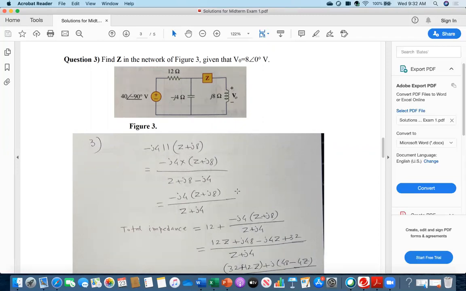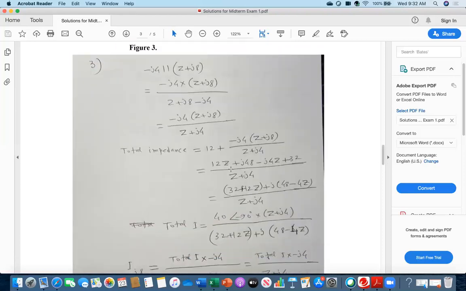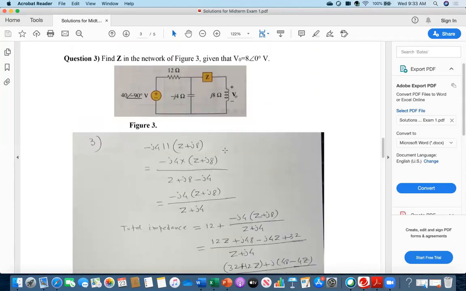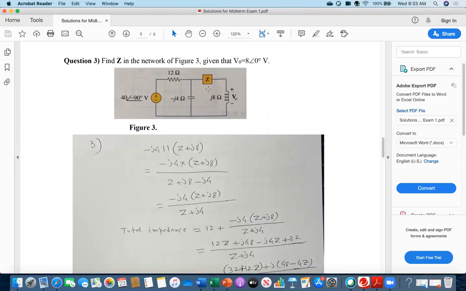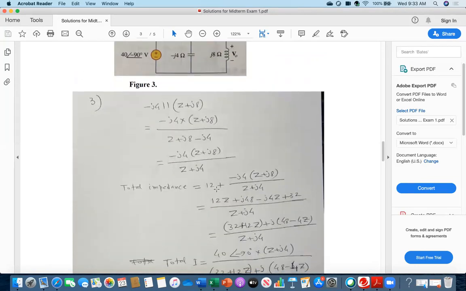Yeah, that's right. This is exactly what I did here. You see my very first line? Look, the very first line, G plus j8. This is the parallel sign, that is in parallel with minus j4. So I did exactly what you are explaining. And then that is in series with 12.